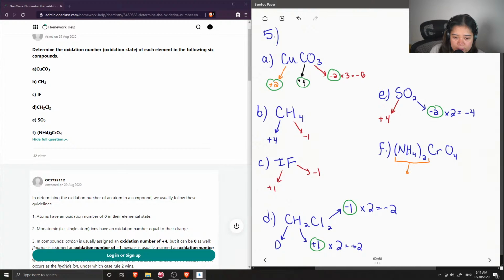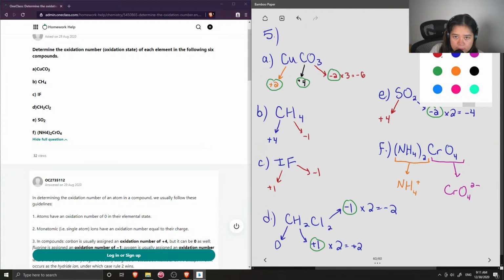In the case of NH4, this is the same thing as writing its single ion. And then let's do the same thing for the chromate, which has a charge of 2-.